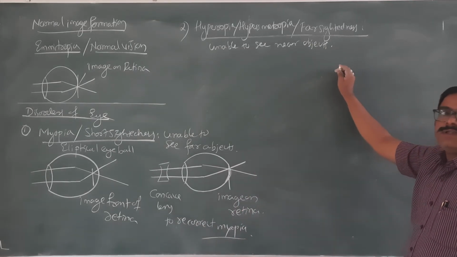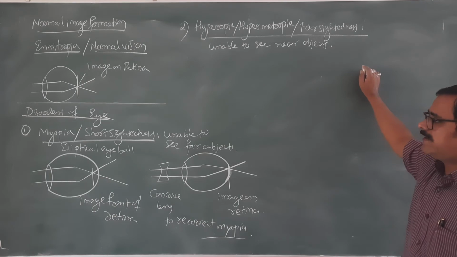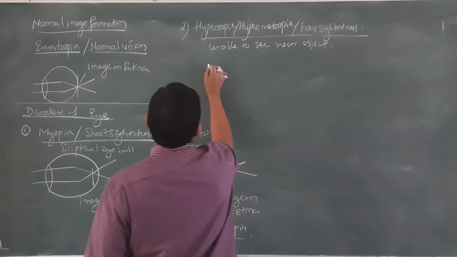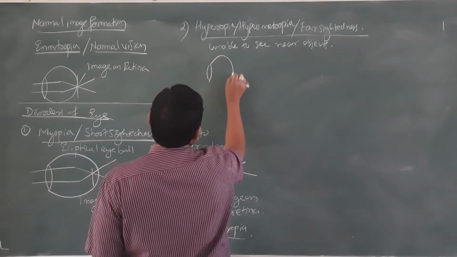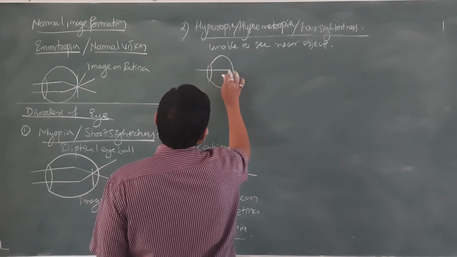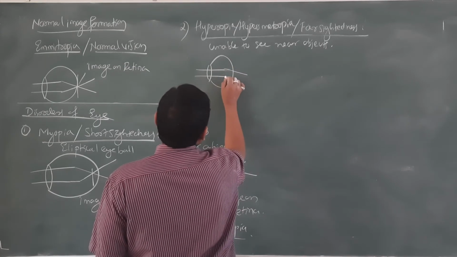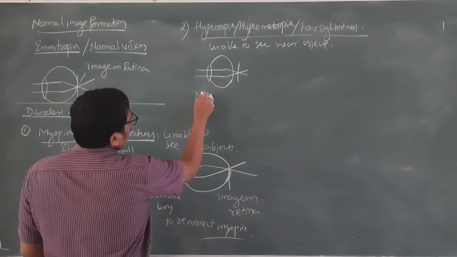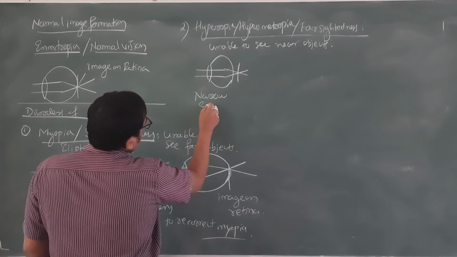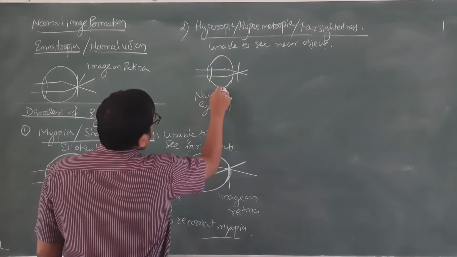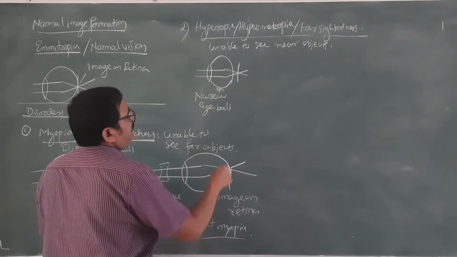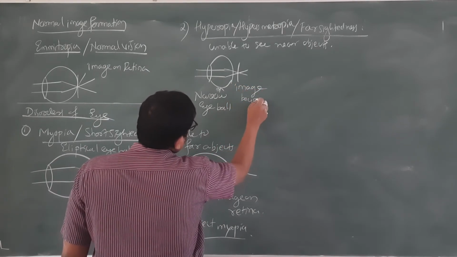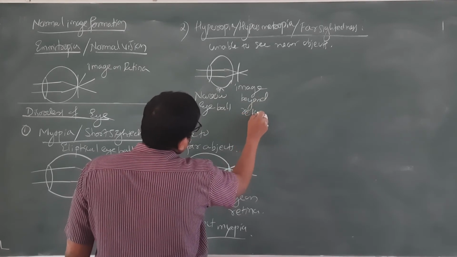Because here the eyeball is very narrow. So this is the lens and a narrow eyeball. As a result, the image is formed behind the retina, beyond the retina.